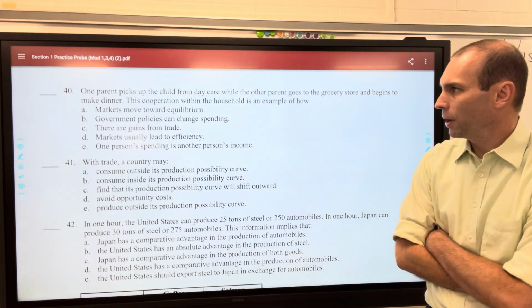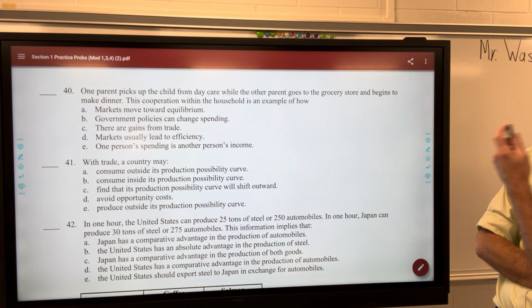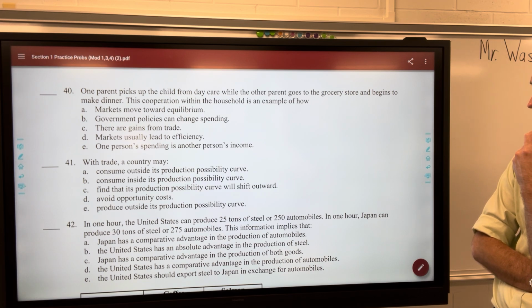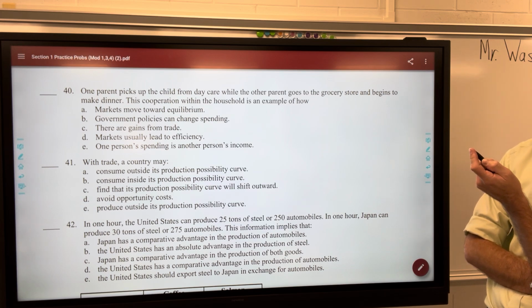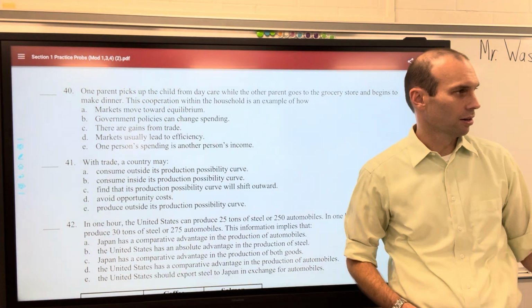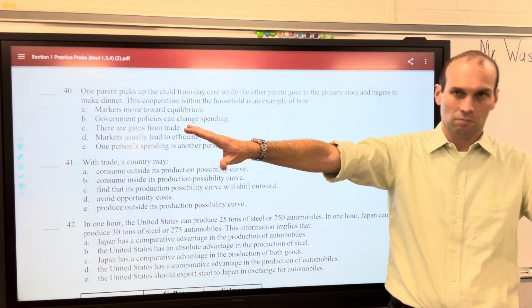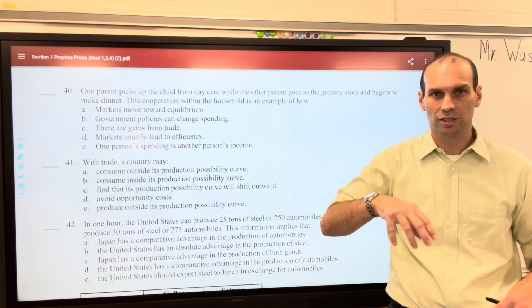One parent picks up the child from daycare while the other parent goes to the grocery store and begins to make dinner. This cooperation within households is an example of gains from trade, right? I do childcare, you do grocery shopping, your kid's taken care of, and dinner's taken care of.